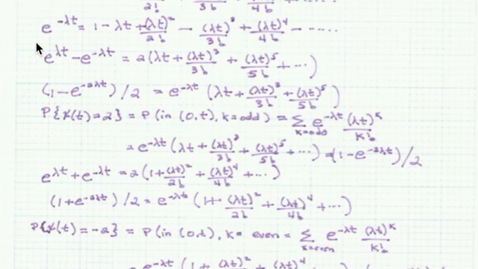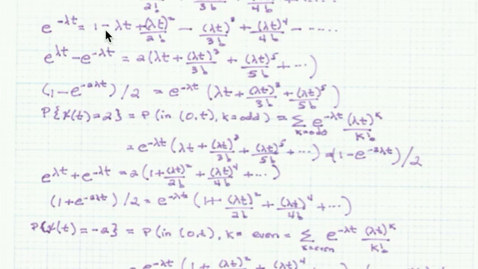We establish e to the minus lambda t equal to, using a Taylor series again, 1 minus lambda t, because we are setting up this particular expansion to deal with the odd numbers.